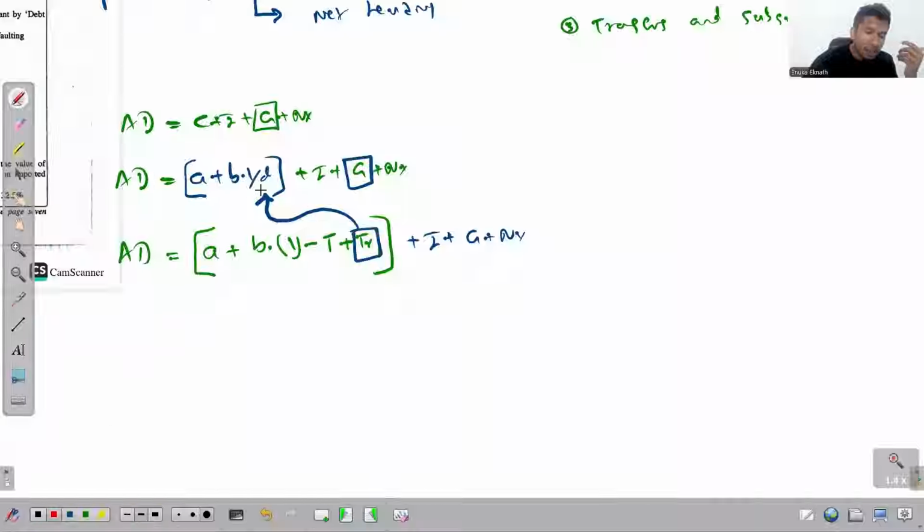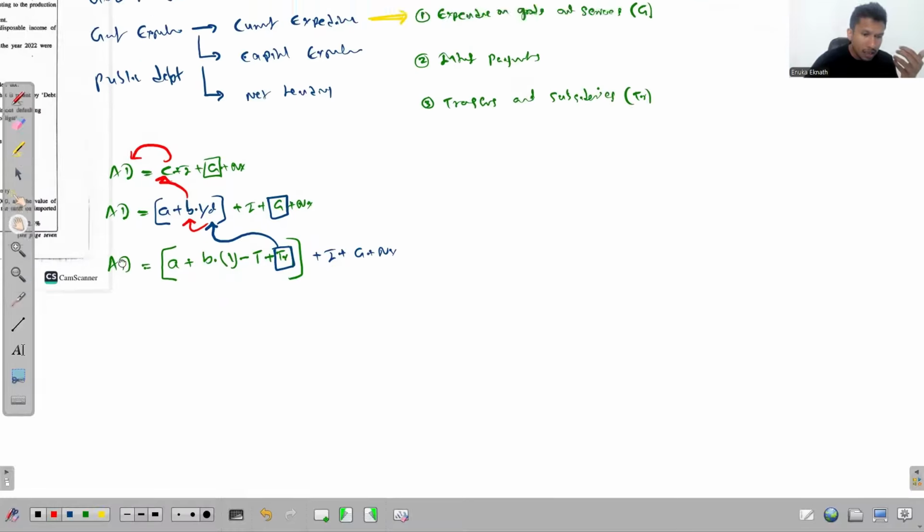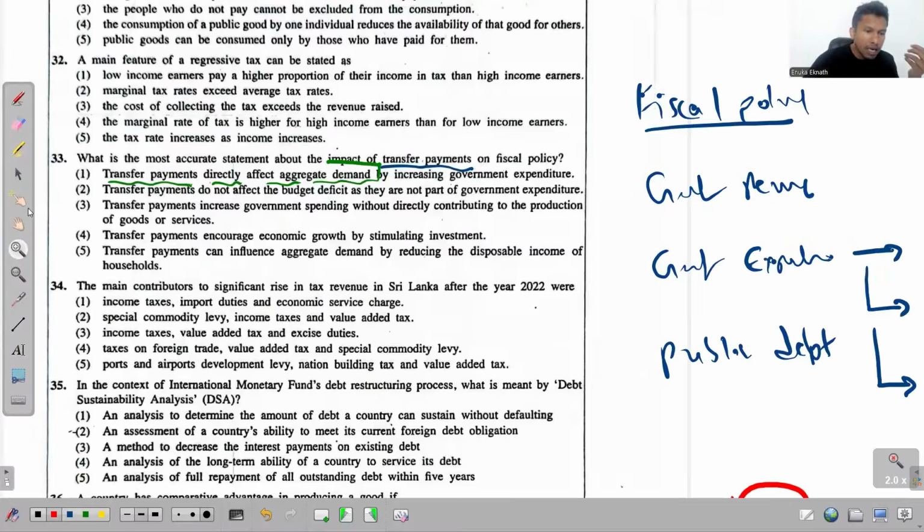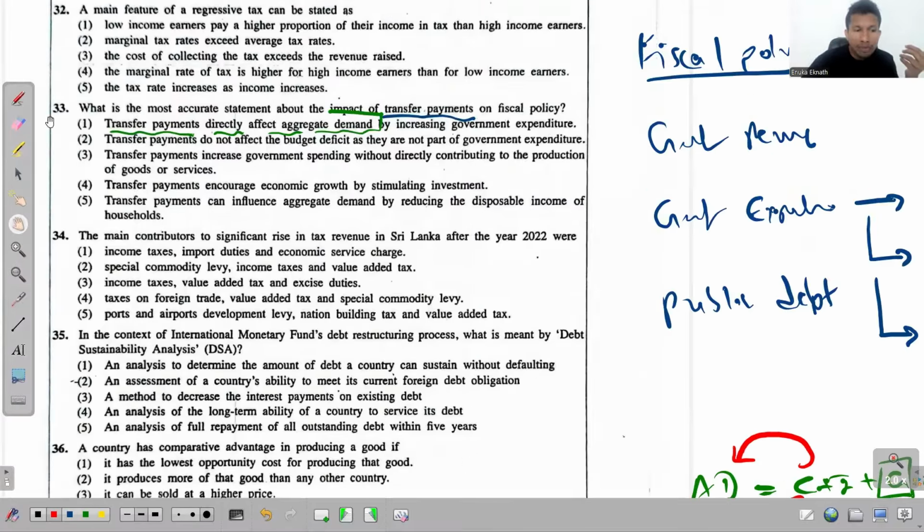And then that disposable income gets multiplied by the marginal propensity to consume. Only after that does C change, and then AD changes. So there's no direct impact from transfers on aggregate demand. If you understand this simple thing, you can figure out that this first statement has to be false, because it tells us transfer payments directly affect aggregate demand, which is wrong.